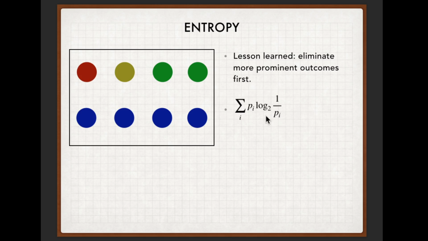Okay, you might try to consider a system where there is only one possible outcome. See, if this is all blue, then what is the entropy? Well, you have this 1, and this p is 1 because the probability is 1, and 1 inverse is 1, log 2 of 1 is 0.